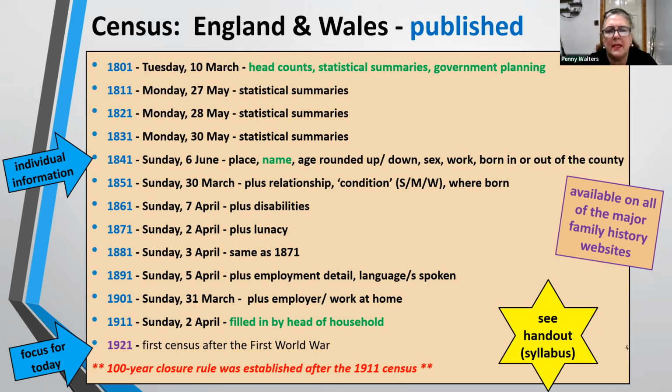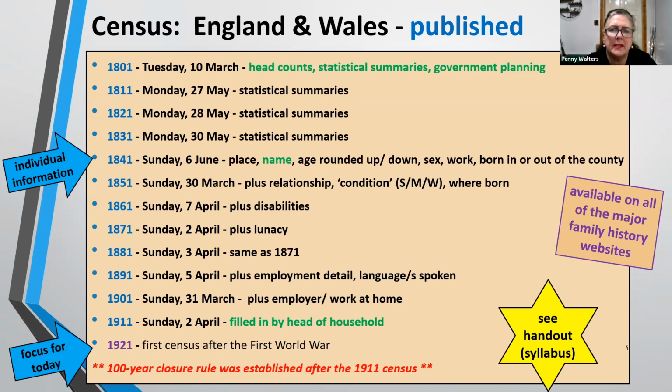So from 1801, the government basically wanted to know how many people were living in Great Britain. And this was just a head count. So it was just numbers of people and it was only used for government planning. This was held on a Tuesday. In 1811, 1821 and 1831, these were held on the last Monday of the month.